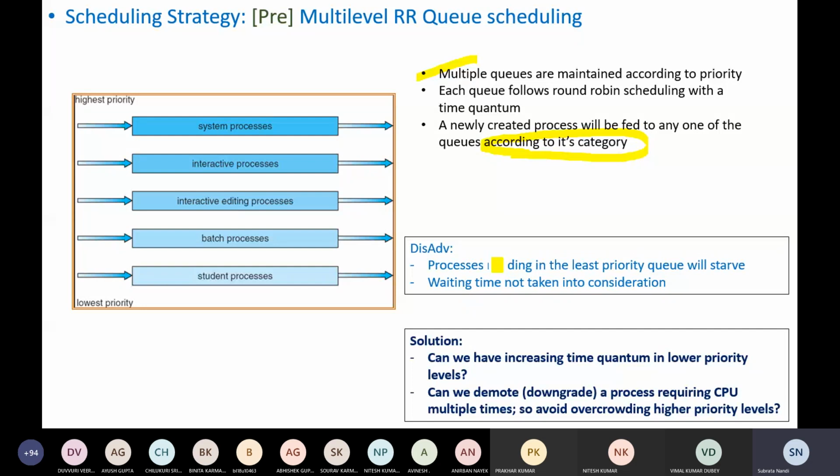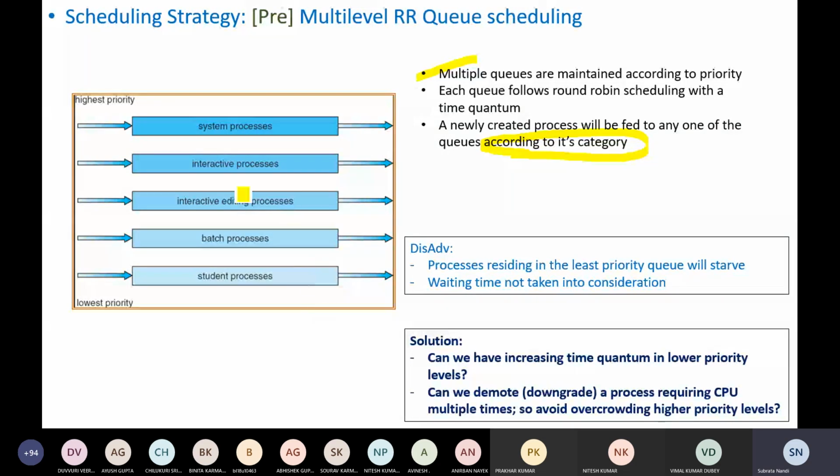That is good, but another important parameter, the waiting time, is not taken into consideration. That's why many other processes will starve, and that is not good. That will create the problem of variance in the response time, or variance in the turnaround time.